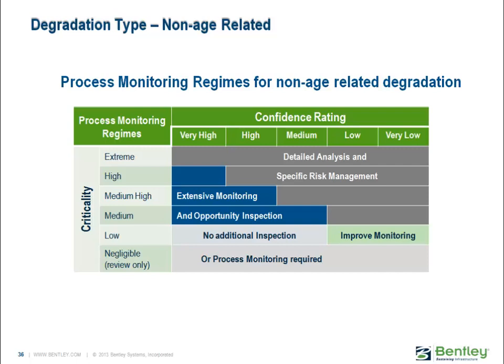The criticality rating and confidence rating are applied to indicate whether the system under consideration can be operated safely based on monitoring and opportunistic inspections, or whether more detailed analysis outside the scope of the APM RBI methodology is required.